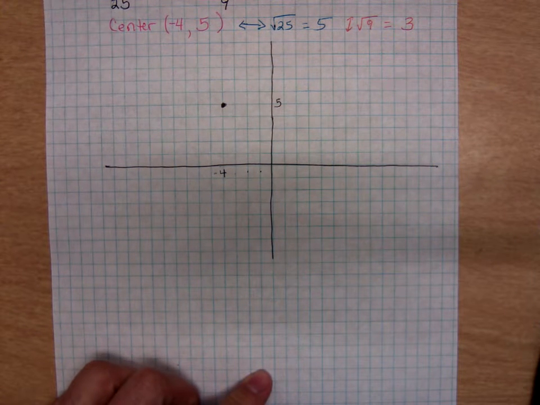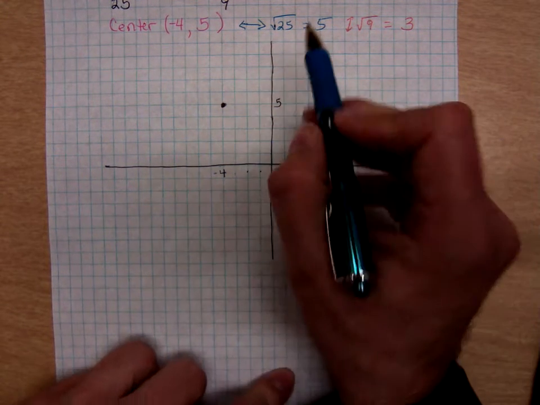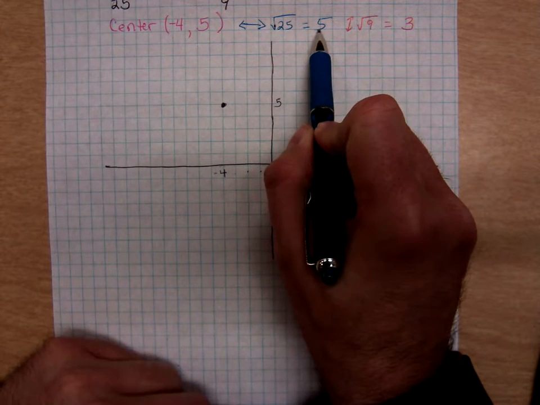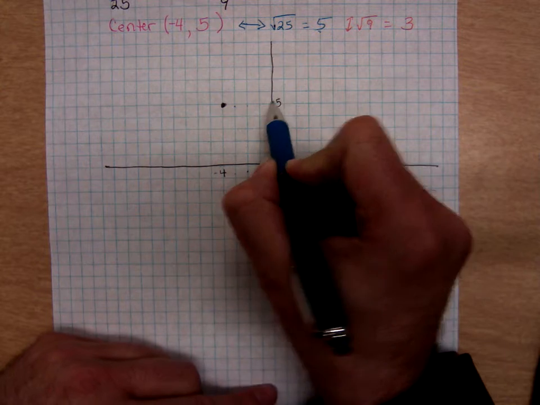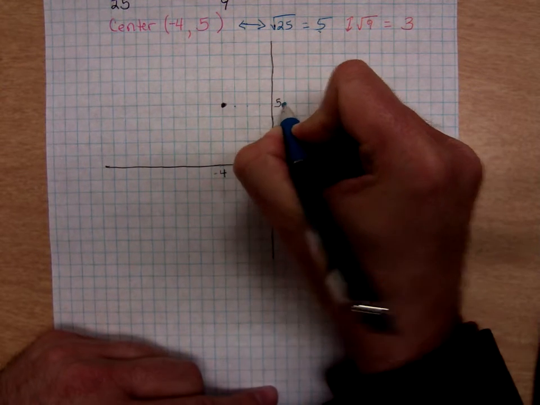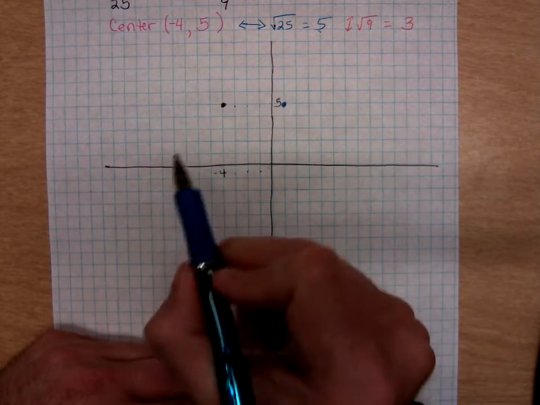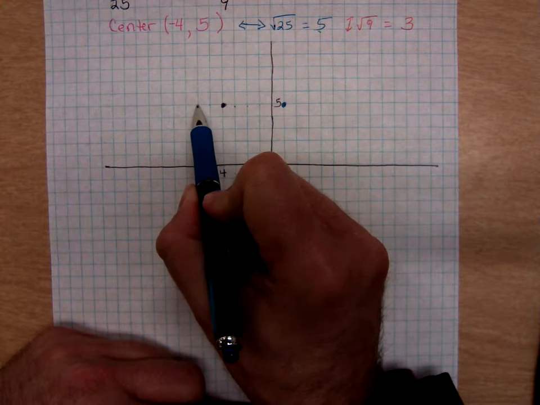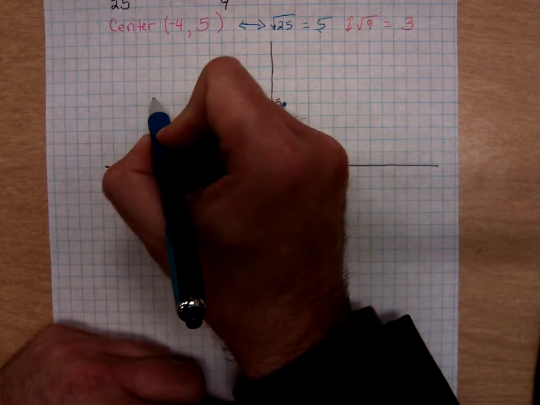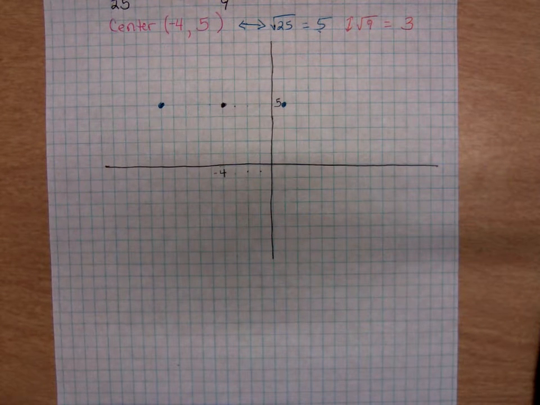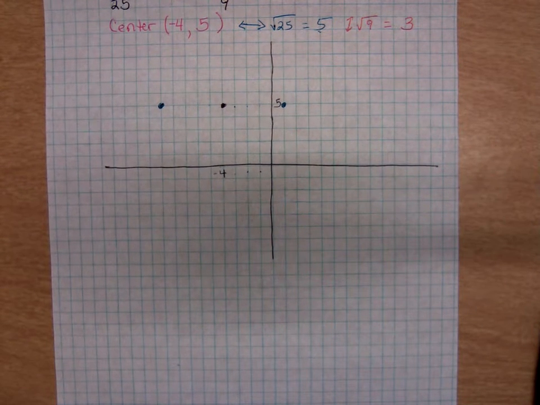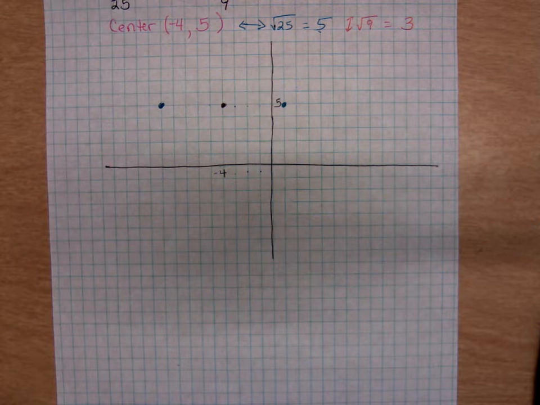Now, from the center, I'm moving left and right 5 units. 1, 2, 3, 4, 5. 1, 2, 3, 4, 5. Now back at the center, I'm moving up and down, what? Is it 3 units?